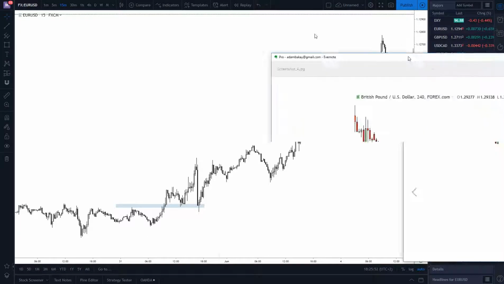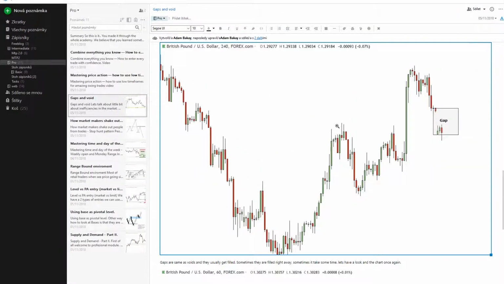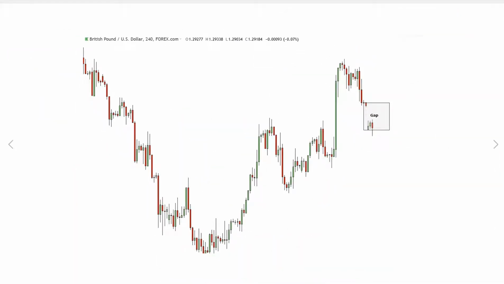Okay, we have an example of a gap right here on the chart. This is the GBP/USD, and you can see that the market opened below the Friday close, so we have a gap.